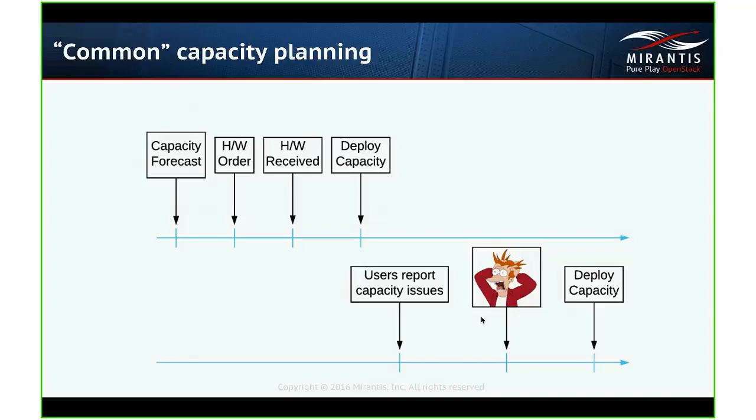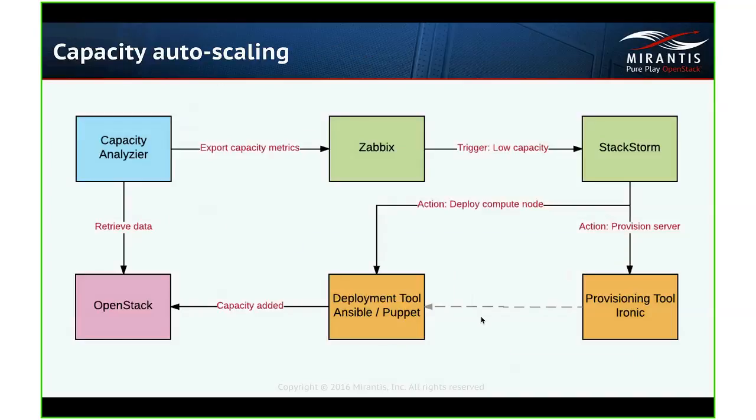So how can the auto-remediation approach help in this case? In our environment, we have a capacity analyzer, which gets the data from OpenStack, has some logic around it to analyze the data, and pushes it as metrics into Zabbix.